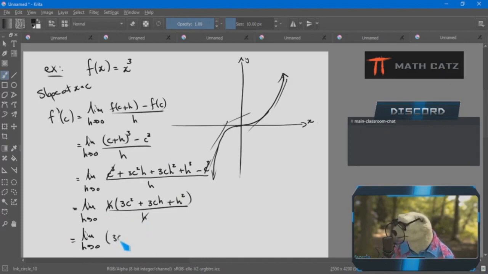And what I have left is, remember, h is my variable. The c is a number. I just don't want to specify it right now. So this is a polynomial in h, which means I can plug in 0 for h, and I get 3c squared. This is now my formula. If you want to see it as a formula, you can, but it's actually a function.